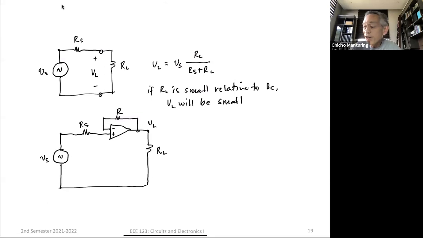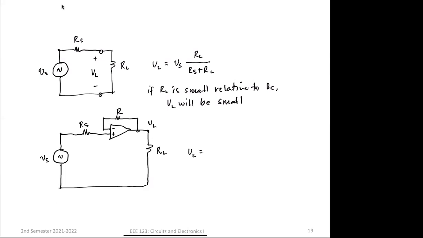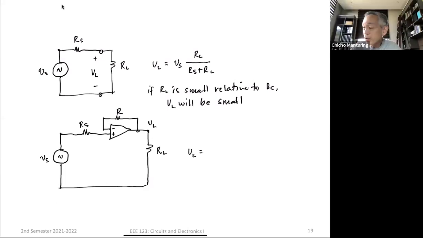Okay, ano magiging value ng V of L ko? What is the value of V of L? Okay. Anyone? V sub S po. Yes, that's right. V of L will be equal to V of S. Right?